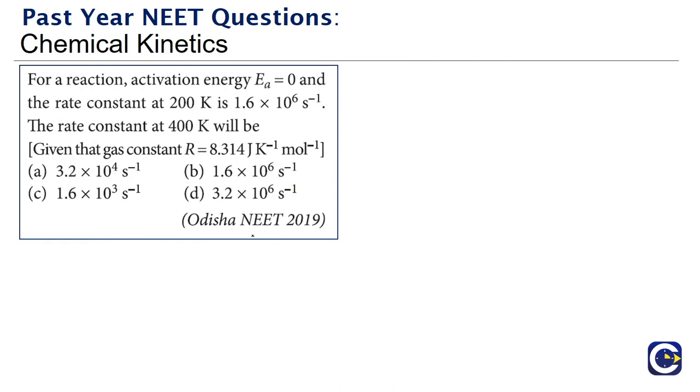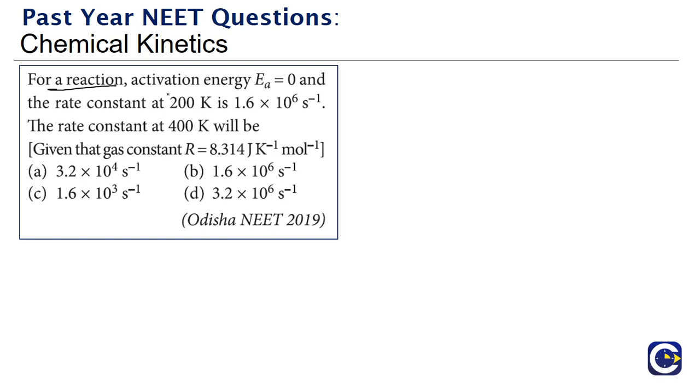Next we have another question that has come in the same Odisha paper 2019. This is a question based on the Arrhenius equation, the dependency of the rate constant value on the temperature.